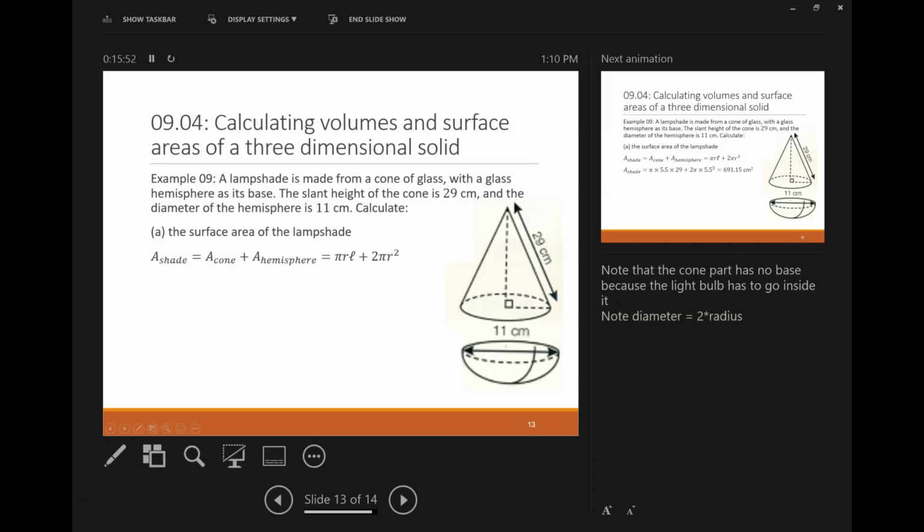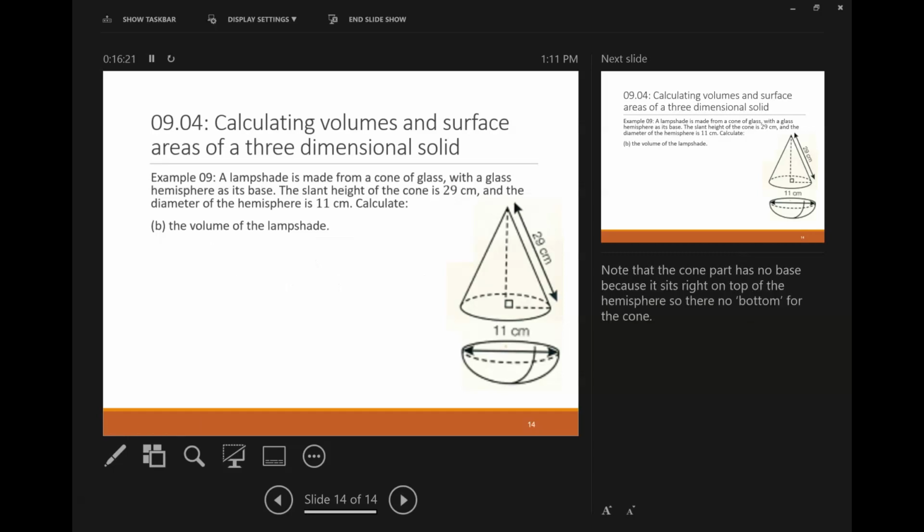Here's the surface area for my hemisphere, not including a top. And so I just crunch some numbers then. Where's the 5.5 coming from? Yeah, the radius, which would be half of 11. So that's that. Pretty easy, right? The only tricky part is you had to realize that you didn't want to include the top of the hemisphere or the bottom of the cone.